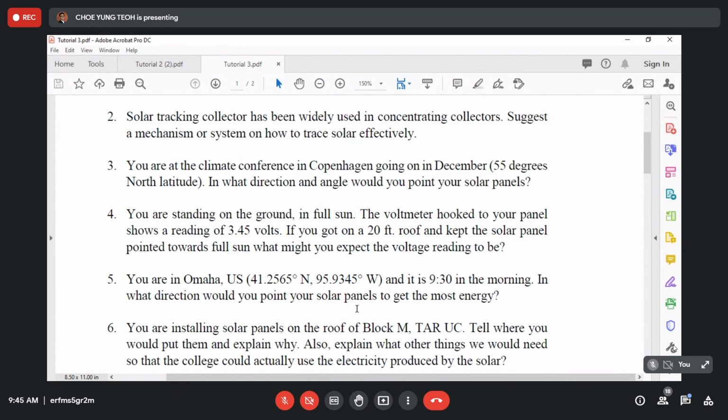But this method is not very effective during a cloudy day, because on a cloudy day the sunlight is mainly diffuse radiation. It changes direction by the cloud. So to find the location of the maximum solar irradiance is very difficult. Almost the same. You point to the left, point to the right, actually you will get the same.